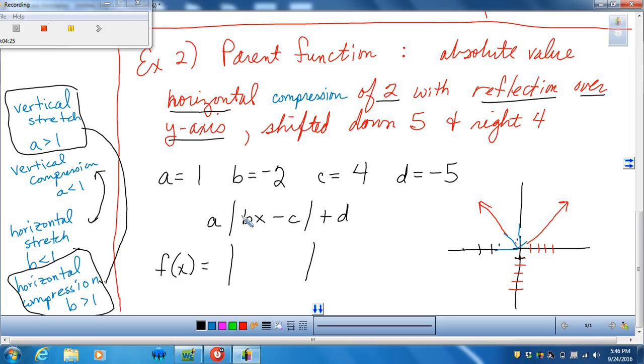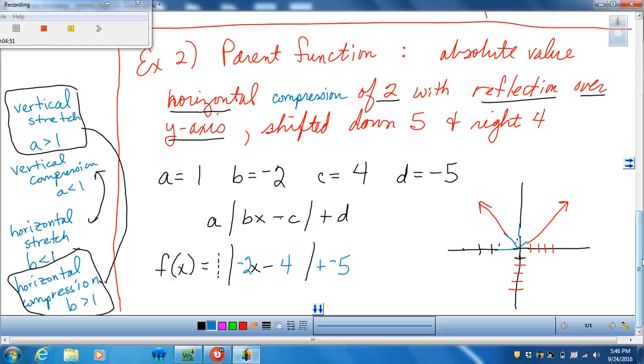So let's go ahead and substitute into our formula. A is 1, so you're going to have a 1 out here in front. B is -2, so we're plugging a -2 in here with the x, minus c, which is 4, plus d, which is a -5.